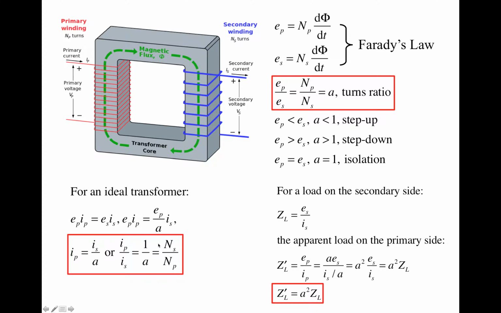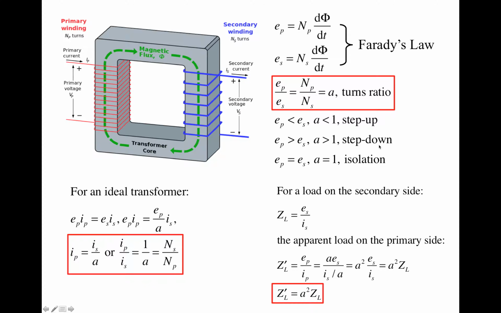So if it is a step-up transformer, the secondary current is less than the primary current. And if it is a step-down transformer, the secondary current is larger than the primary current. So it all depends upon the value of A. If it's a step-up transformer, A is smaller than 1, so 1 over A is larger than 1, which means IP is larger than IS.